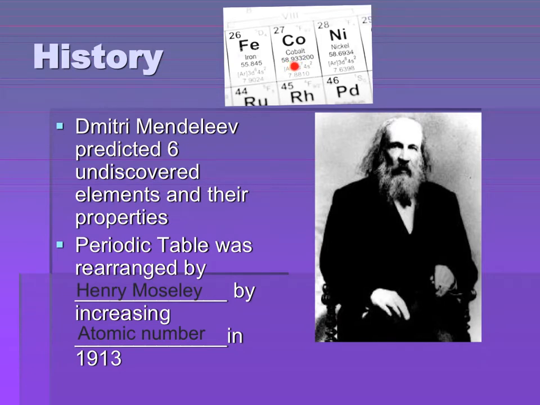Cobalt is 58.93, nickel is 58.69. So nickel's isotopes actually tend to be lighter than cobalt's, even though nickel has an extra proton. Basically, cobalts tend to have a lot more neutrons than nickel does. But that's why we arrange the periodic table by atomic number now and not by atomic mass.